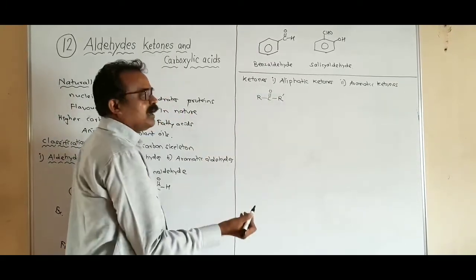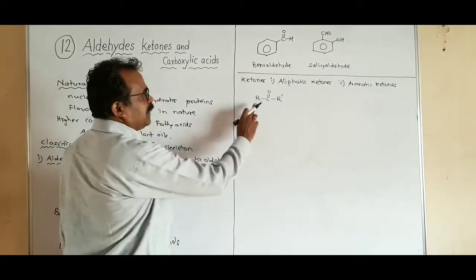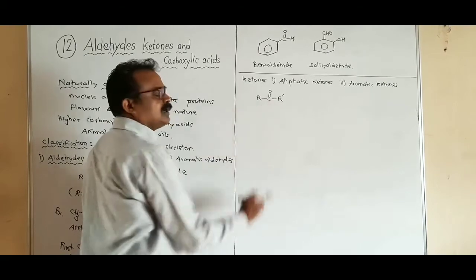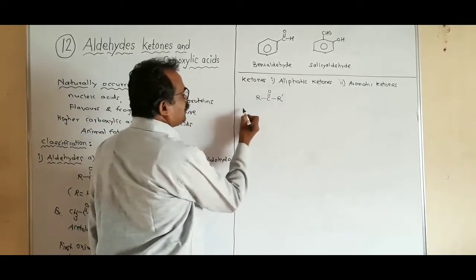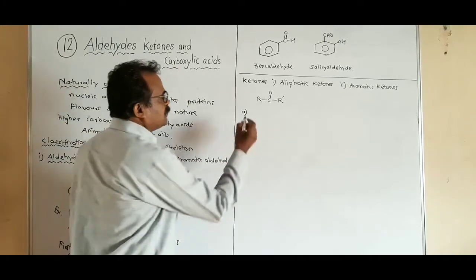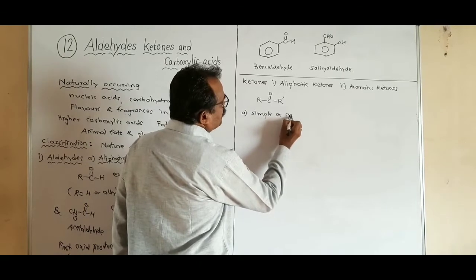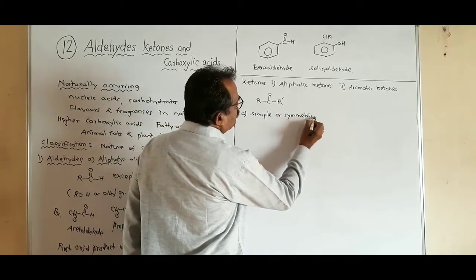Here R and R' represent the same or different alkyl groups, and according to the nature of this alkyl group, these aliphatic ketones are considered of two types. One is known as simple or symmetrical ketones.